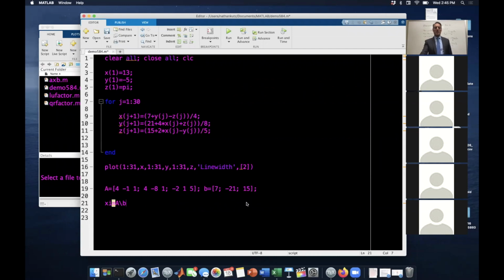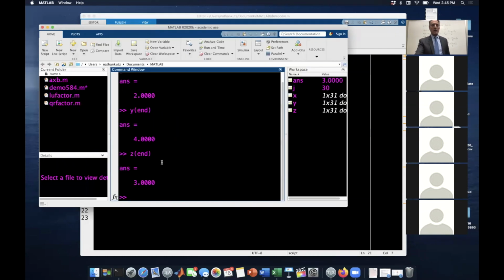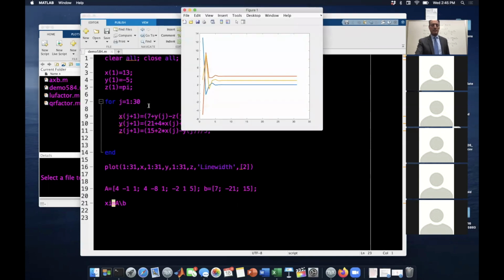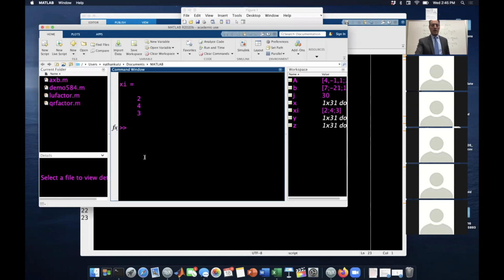Remember, this thing was iterating towards x was 2, y was 4, z was 3. And when I just solve this, there's a solution. And check out what c is. 2, 4, and 3. So when I did this iteration procedure, the iteration solved Ax equal to b for me.